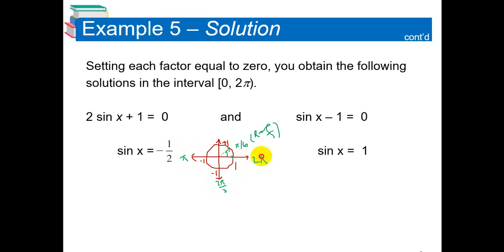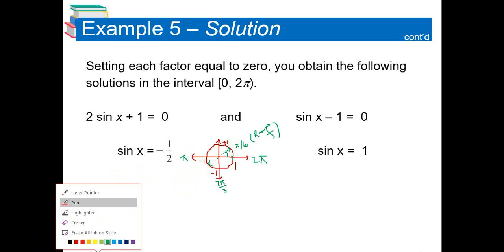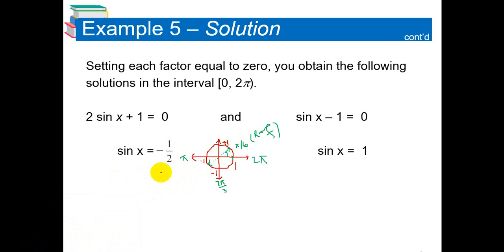So the first principal solution will be here, and this value can be achieved when you add pi plus pi by 6, and your value will be 7 pi by 6. So this is my first principal solution, 7 pi by 6.